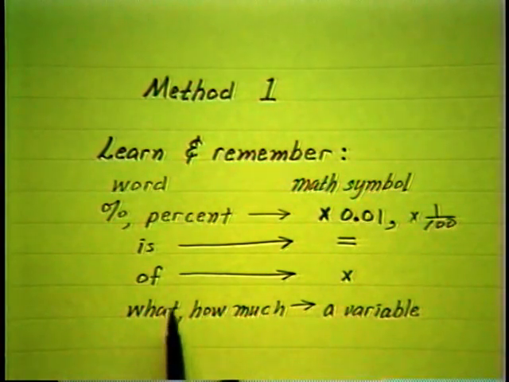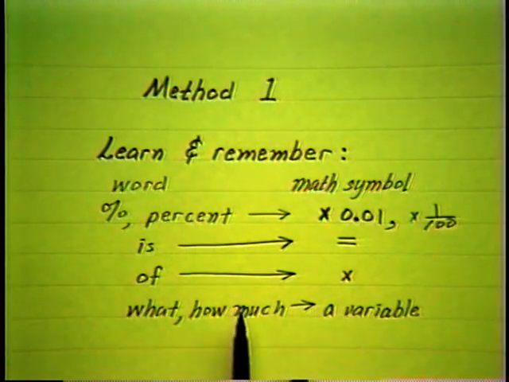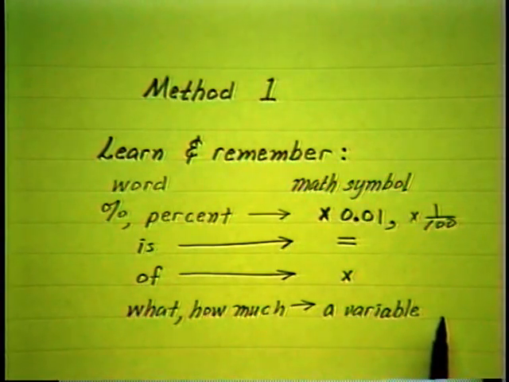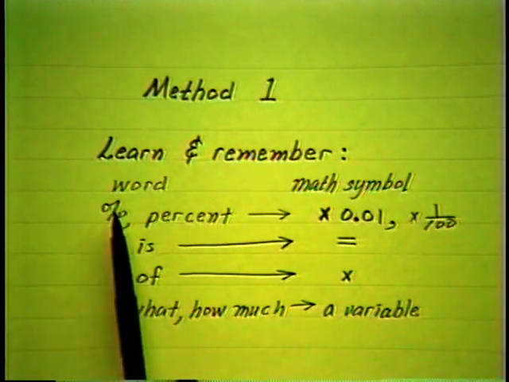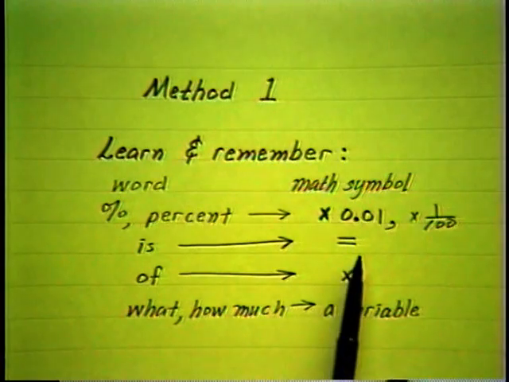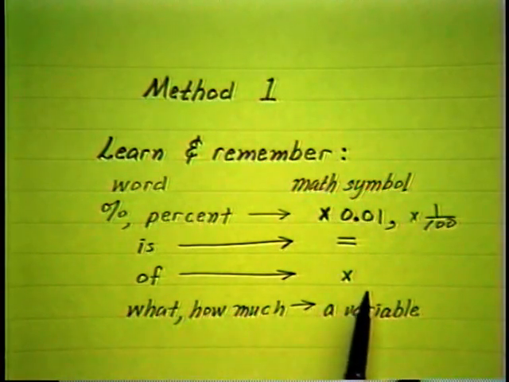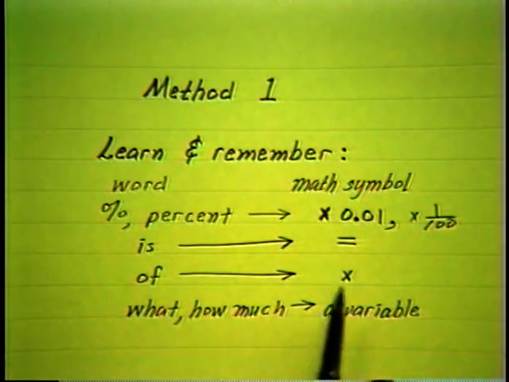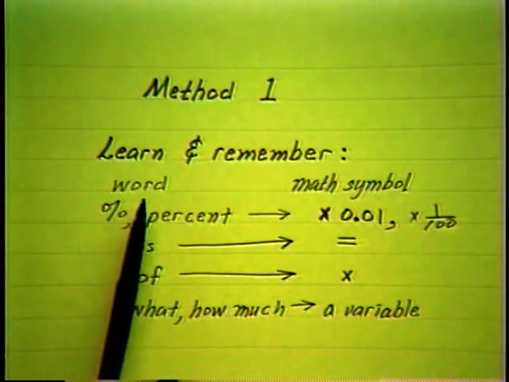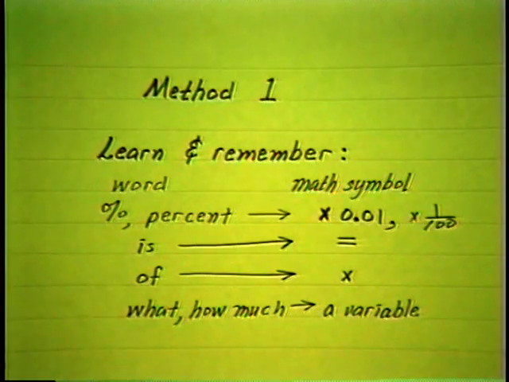And the phrase what, how much, or any phrase designating the fact that you don't know something is replaced by a variable, a letter, to stand for the number you don't know. Again, percent means times 0.01, is means equal, of means times, what, how much means an unknown. Memorize this very quickly. This is where our working tools will come from.